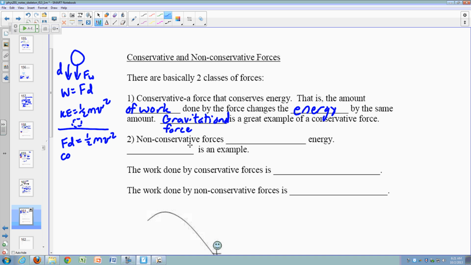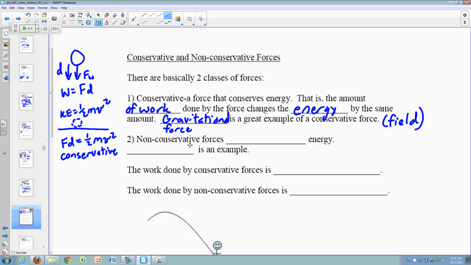I can only say that because it is conservative. All field forces are conservative. So electric forces are also conservative, and we'll use that fact next semester to develop some ideas about electrical energy. And most other forces are not conservative.